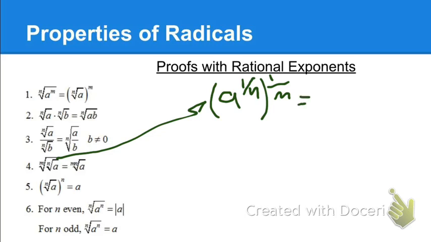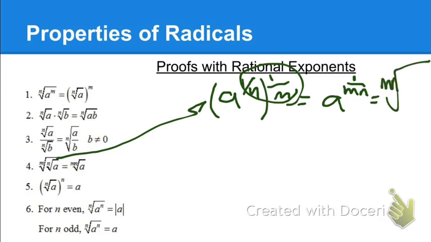Well, it's power of a power, so that's why we're going to multiply these two fractions. And you get a to the 1 over m times n power, because you'll multiply across and get 1 over m times n. Alright, and then that just becomes the m times n root of a, because the denominator of a rational exponent is the root that you're going to take.